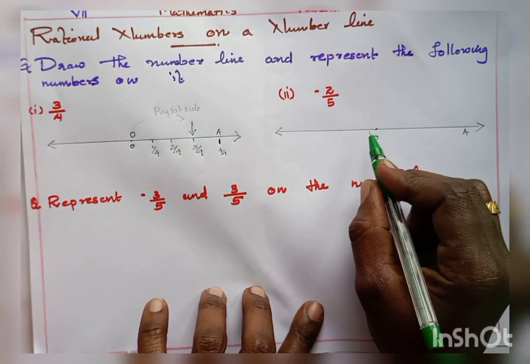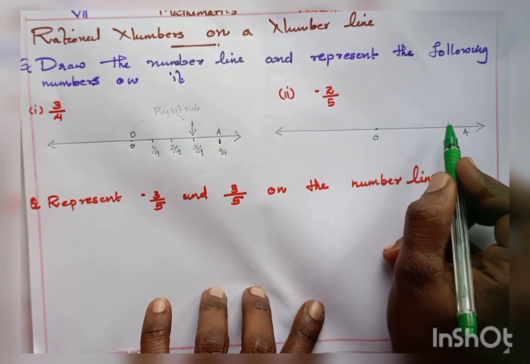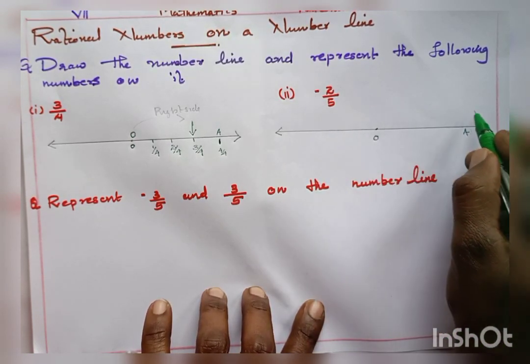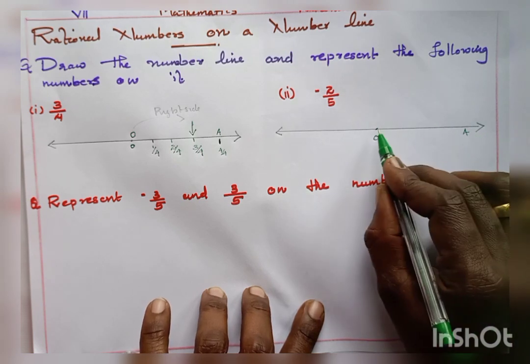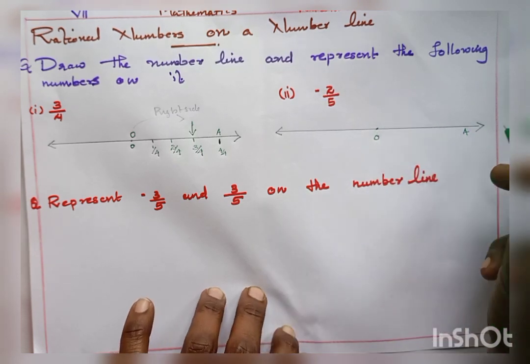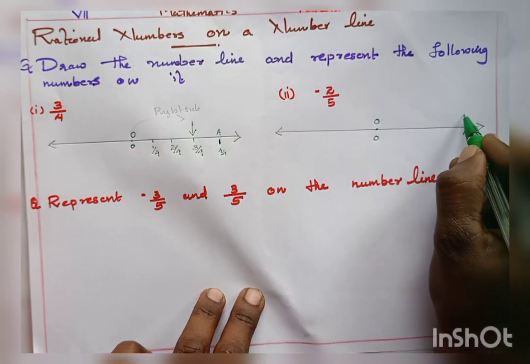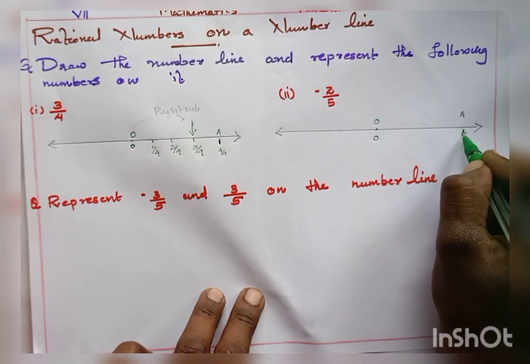That means the distance between O and A is 1 unit. Here we represent the positive rational numbers on the right side of 0. Then this point O, A is 1 unit.